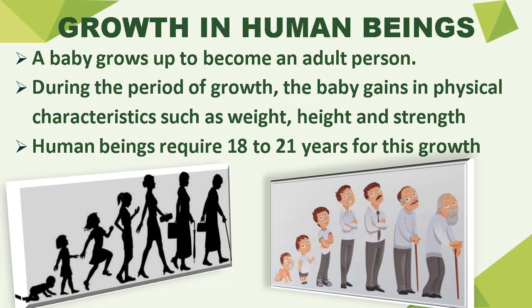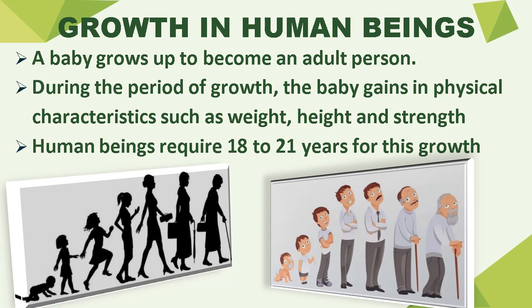Growth in human beings. A baby grows up to become an adult person, that is, woman or man. During the period of growth, the baby gains in physical characteristics such as weight, height, and strength. Living things mature and grow through different stages of development.